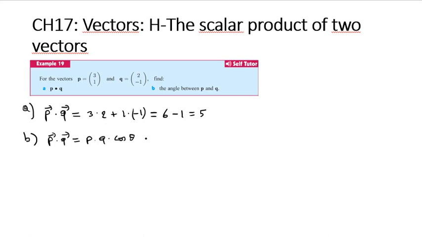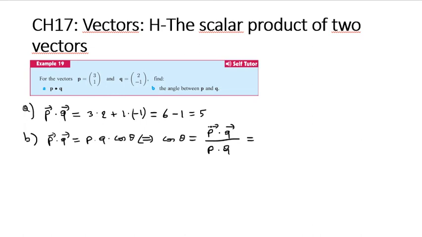And that's the angle that we have to find. So we can move the magnitudes of p and q to the left hand side, so we find an expression for the cosine of theta. So the cosine of theta is equal to the scalar product of those two vectors divided by the magnitude of vector p times the magnitude of the vector q.